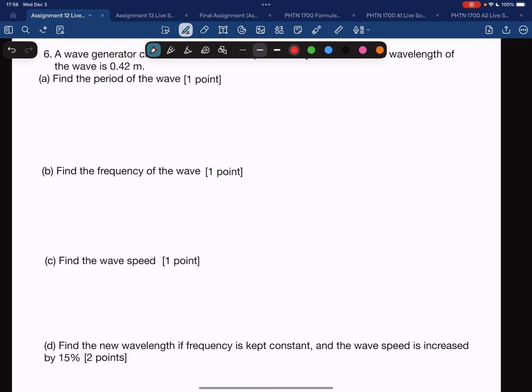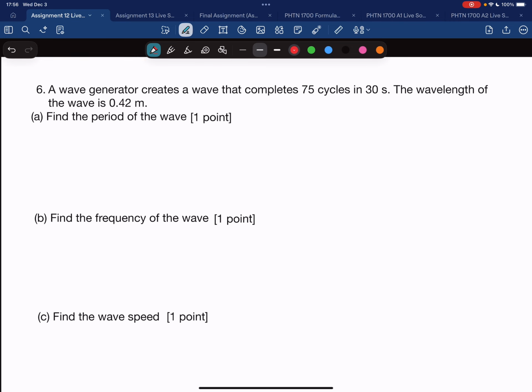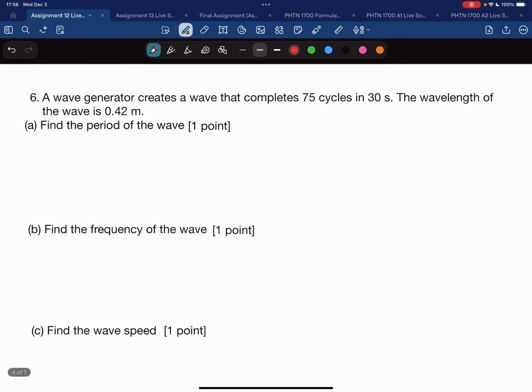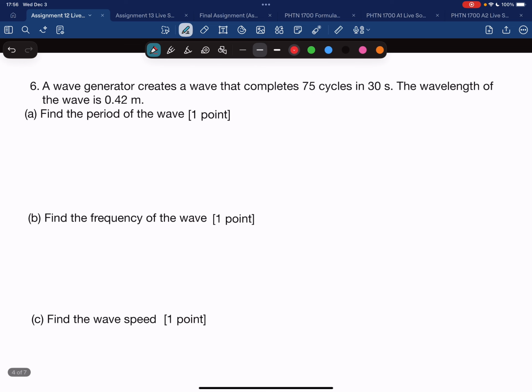6. A wave generator creates a wave that completes 75 cycles in 30 seconds. The wavelength of the wave is 0.42 meters. Find the period of the wave. So I'm going to use the formula that says the period is equal to the change in time over the number of cycles.